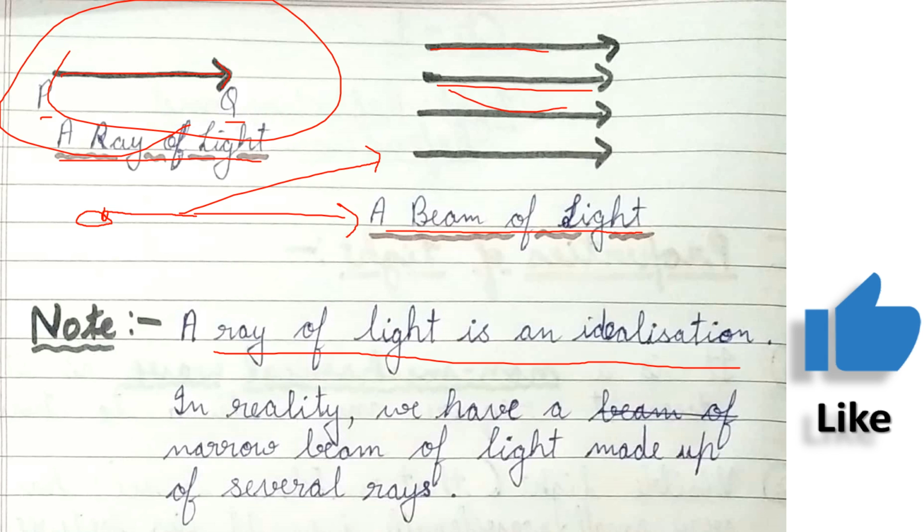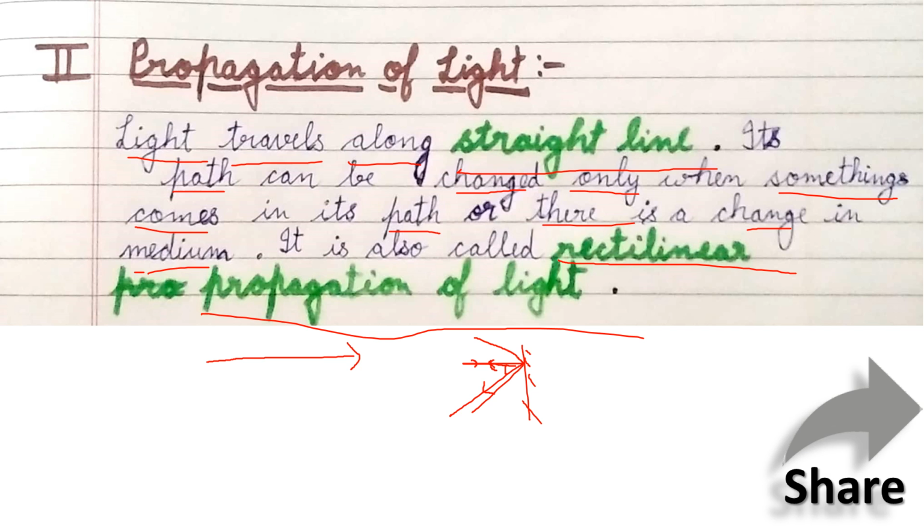It contains several rays. Here is a note you need to remember: a ray of light is just an idealization. In reality, we have a narrow beam of light made up of several rays. I told you, this was a very short topic.